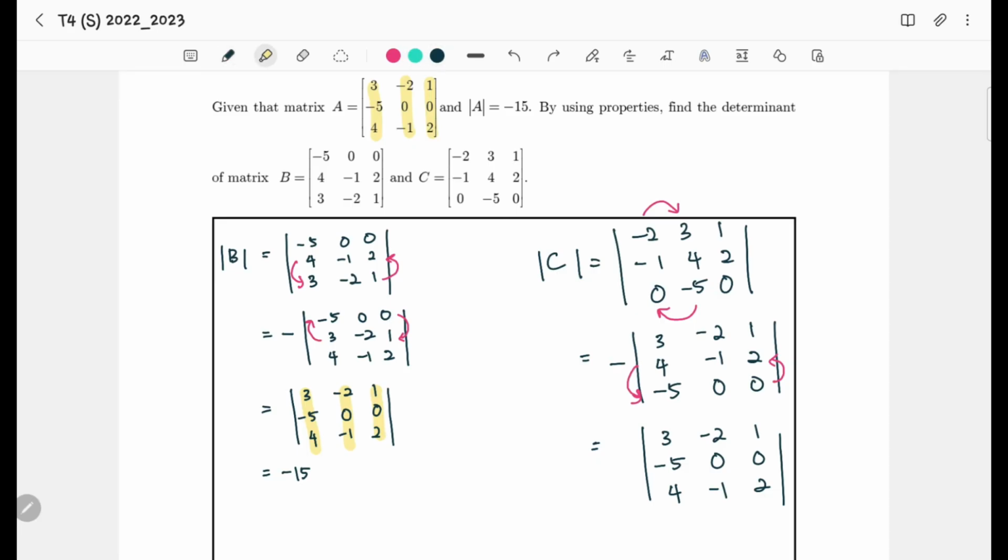Then you can see that this matrix is just the same as matrix A. So the determinant of C is just negative.